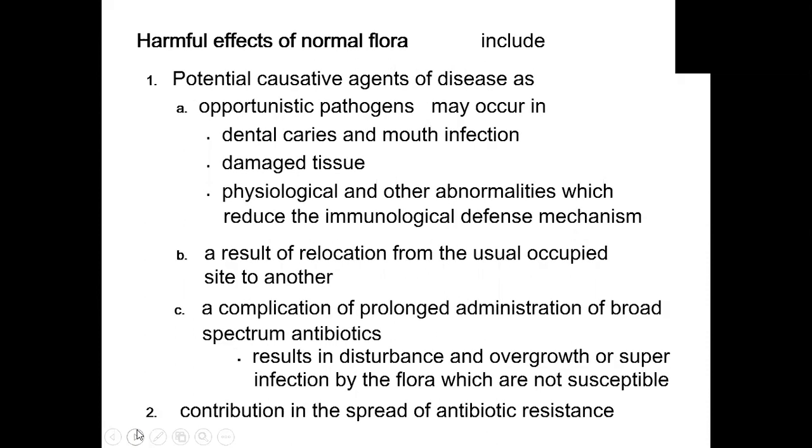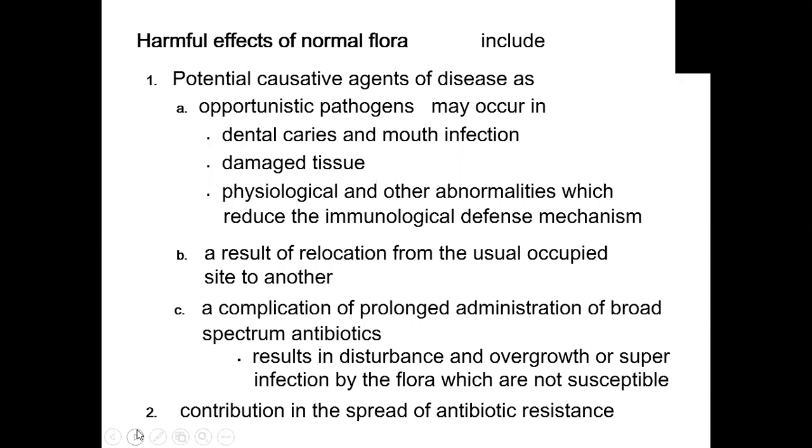And then there are harmful effects of normal flora. So normal flora in general can be potential causative agents of disease, depending on quite a number of circumstances. One, they can be opportunistic pathogens.